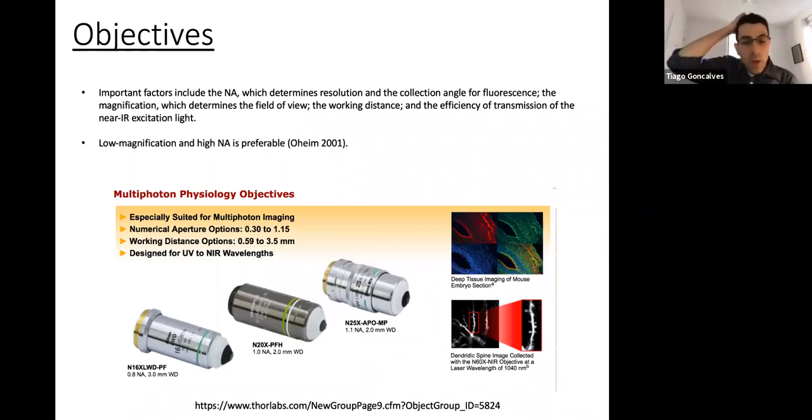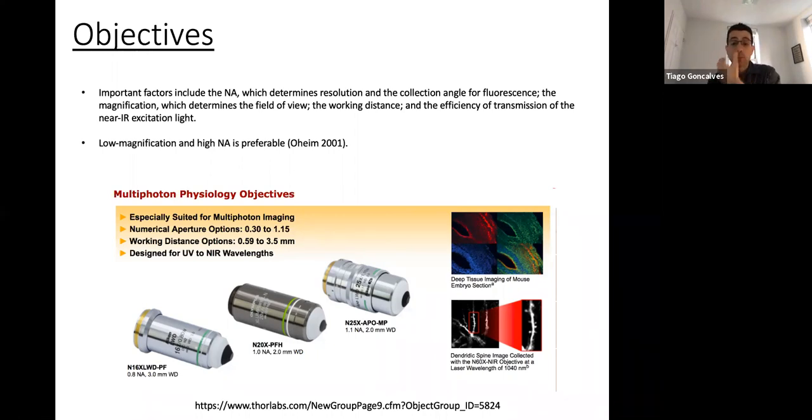Now, objectives. When you're imaging, the objective is pretty much the most important and most complex part of your imaging system. Modern objectives are quite complex, and we're actually seeing a resurgence of people designing their own optics. It's funny, there are a lot of labs in biology even designing their own optics.